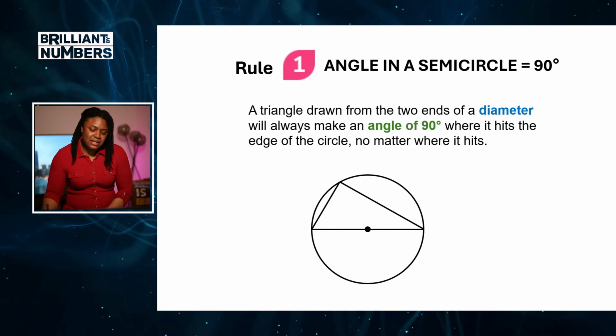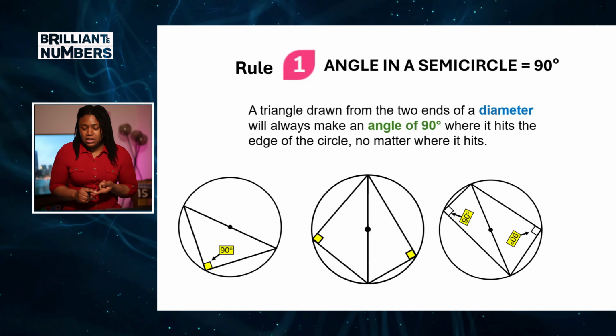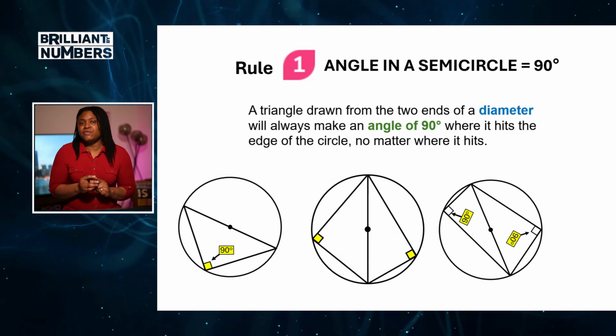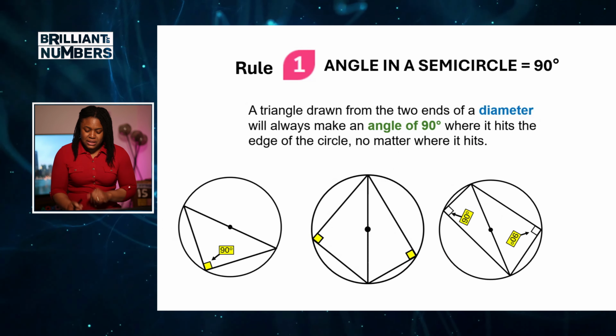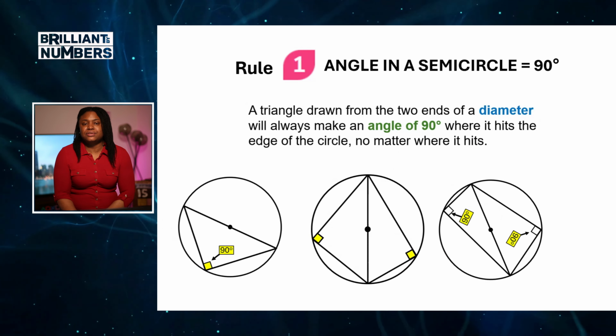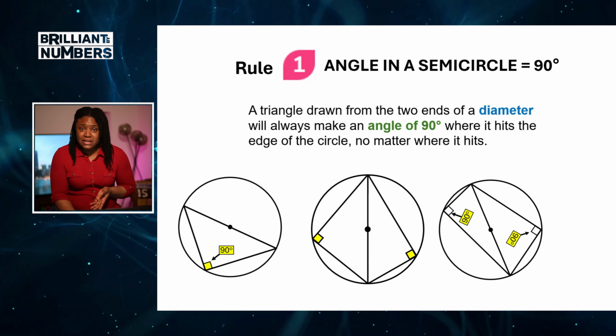So I've put some other orientations here. It could be that way that the triangle is drawn. We could also have a vertical diameter, which means our angle would be oriented towards this way. It could also be to the right. Now, I've also just put some other ways that it could be. But the important concept is that it must come off the ends of a diameter, and where it hits, it will be 90 degrees. You pause the video, you draw a few examples down, and then we're going to practice.